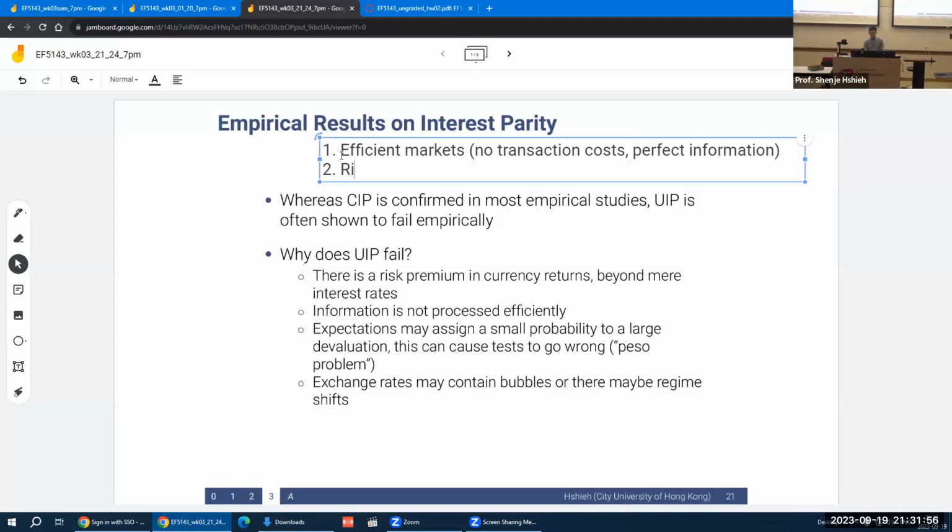Number two, risk neutral investors. Risk neutral investors only care about expected returns and ignore risk.